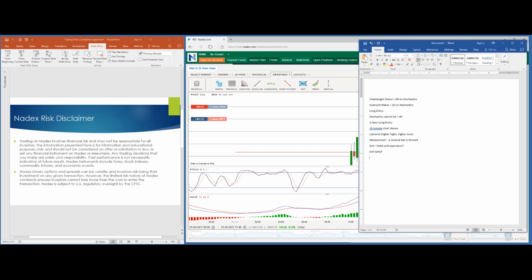Or are you going to minimize your loss by exiting early? Let me clarify this one, because this would be exit early with profit, or minimize your loss by exiting early.